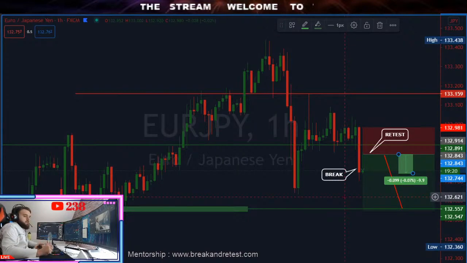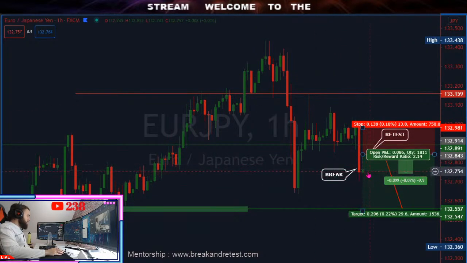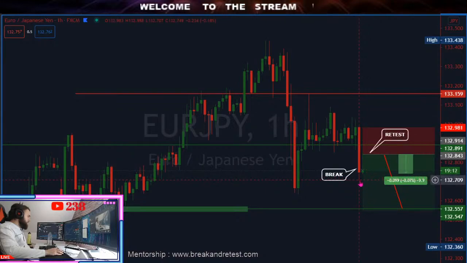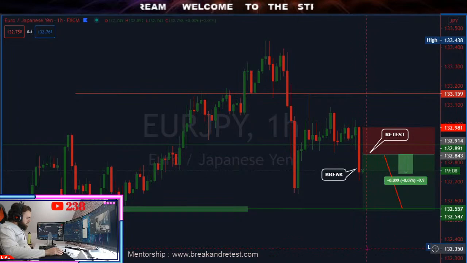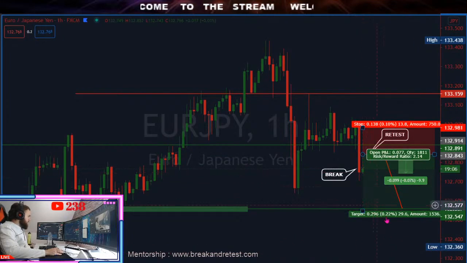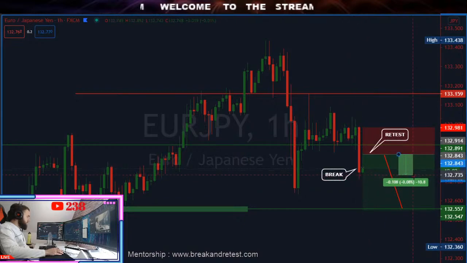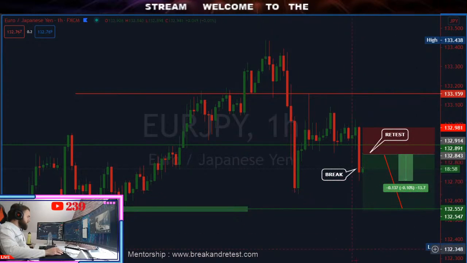We're having the move in the last 30 minutes, just as expected. I still think we're gonna move lower than that, at least fill the wick. Then after that, we'll see. After that, I don't really care what happens. I just need this wick to fill. We get 13 pips, 14, maybe 15, and we're done.